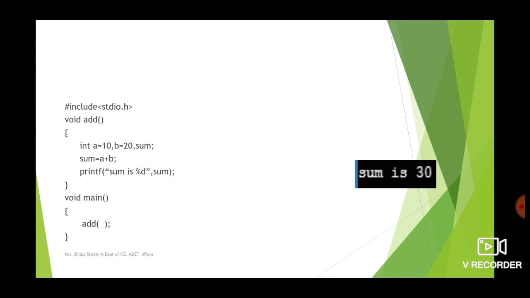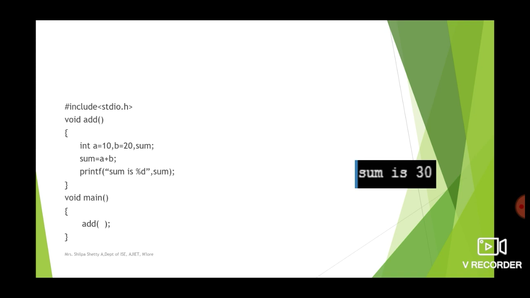If a value were returned by the add function, we would write something like sum is equal to add, or C is equal to add. That means we would be assigning the value returned from the function to another variable. Also, we are not passing any value to the function, so the parameter list is empty here. It's just opening and closing parentheses.